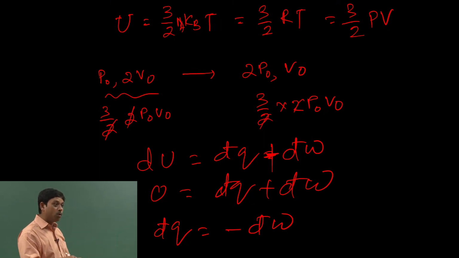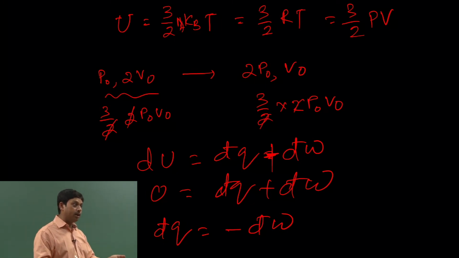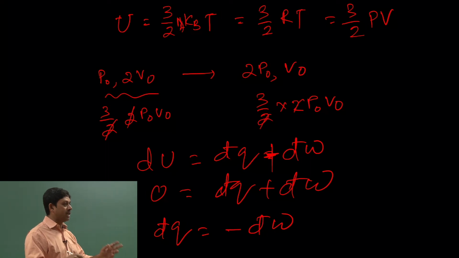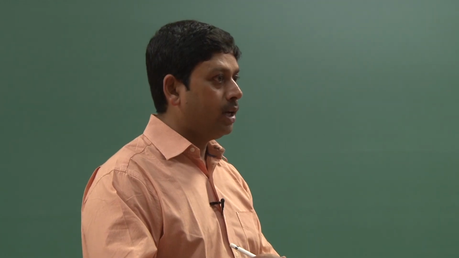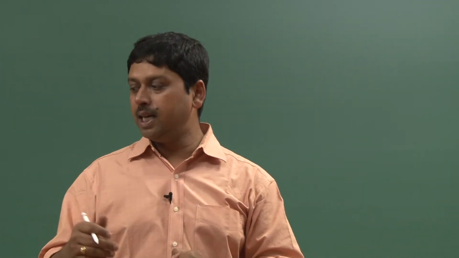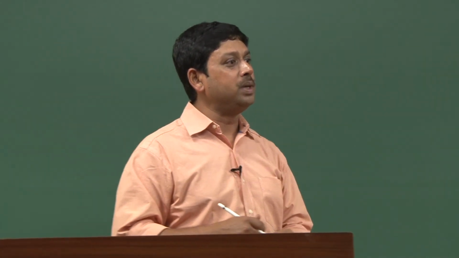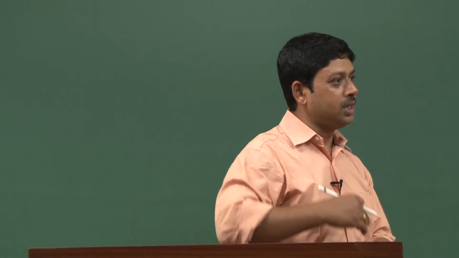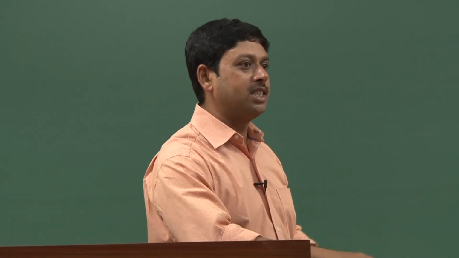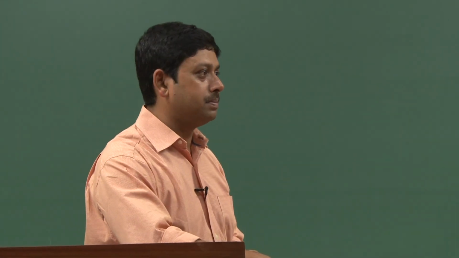In one path we got more work, therefore less heat will be generated; in another path we got less work, so more heat will be generated. More or less I am saying because of the sign. You will see that this has implications, because we want to minimize the heat released to the environment to get the maximum work done by the system.